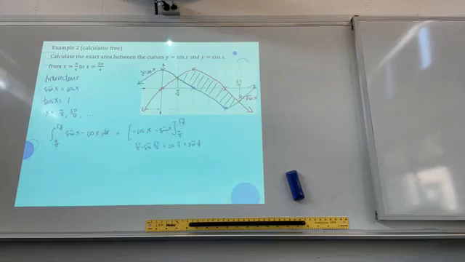Integrating. All right, so I get 2 square root of 2 unit square.